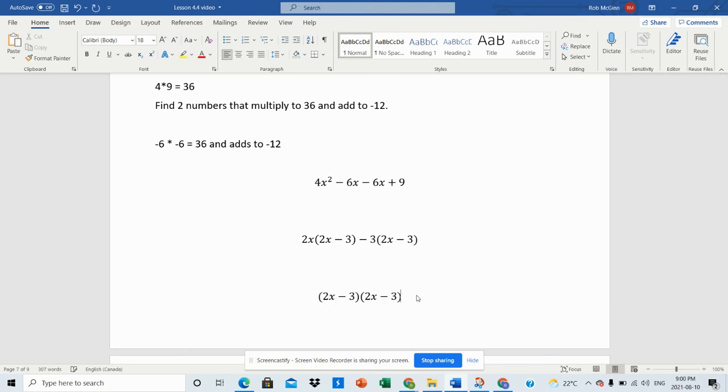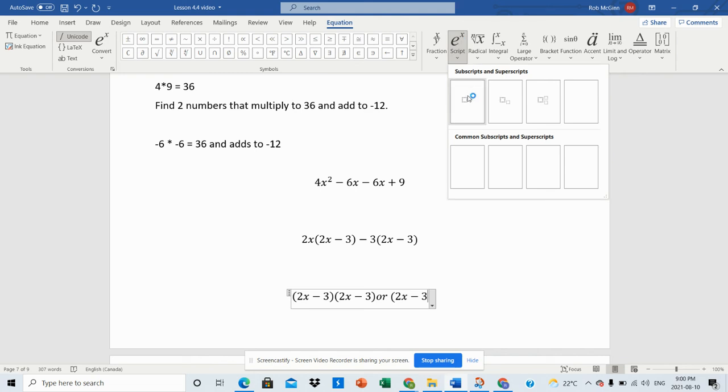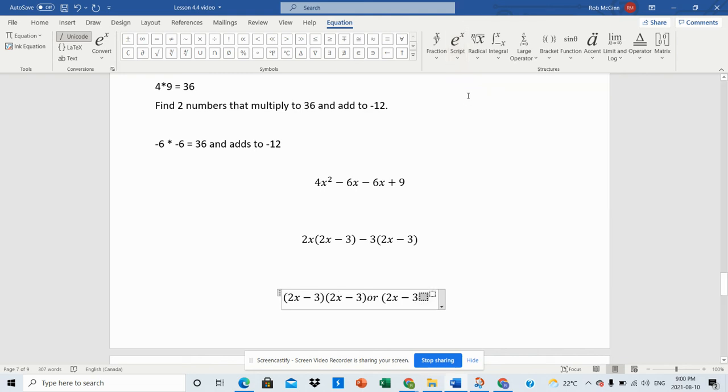Or I could say that this is 2x minus 3. Let me just get my exponents. Whoops. What did I just do?